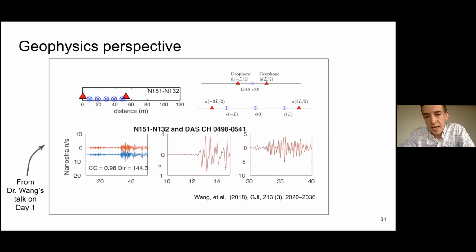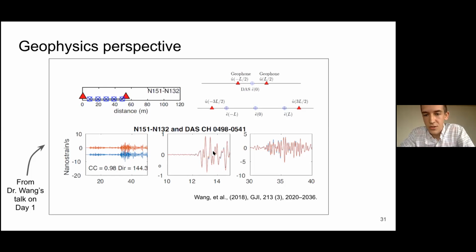But this allows us to do a lot of things, right? If we brush aside the fact that we can also record strain, this is from Herb Wang's presentation. He showed that by recording with seismometer data on the ends of a couple of gauges of DAS, you could very clearly represent the waveform. This is a difference of geophones, and then the DAS trace next to it.